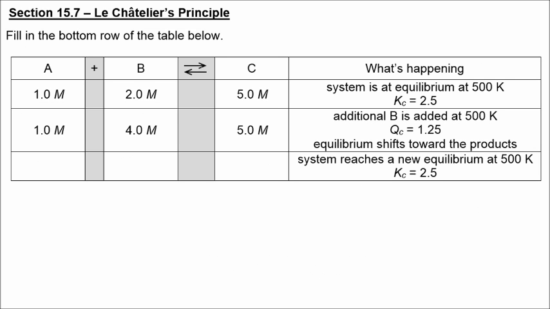So here we have the initial set of conditions with 1, 2, and 5 when it was already at equilibrium. We disturbed the equilibrium by adding more of substance B, so we had 1, 4, and 5. And now the new equilibrium with concentrations of 0.6, 3.6, and 5.4.